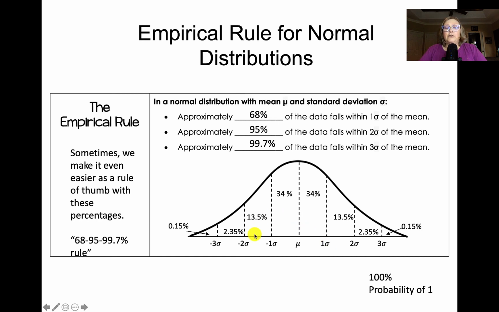If you go out 2 standard deviations, then a total of 95% of all the data, or 0.95 of all the probability, is going to happen between the mean -2 sigma and the mean +2 sigma. And finally, if you go out to the 3 standard deviation points below and above the mean, 99.7% of all the data falls within the mean -3 standard deviations and the mean +3 standard deviations. So this is a very standardized way of figuring out probabilities, which is very helpful in statistics.